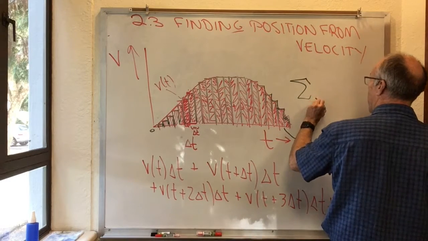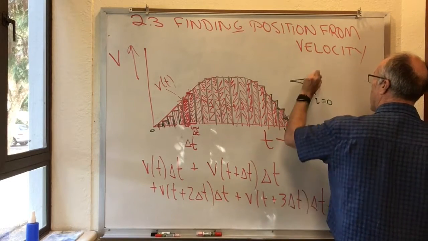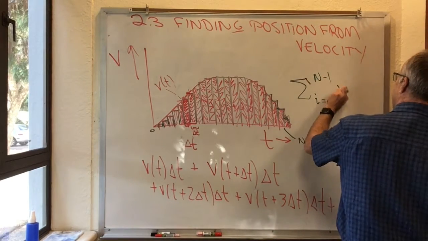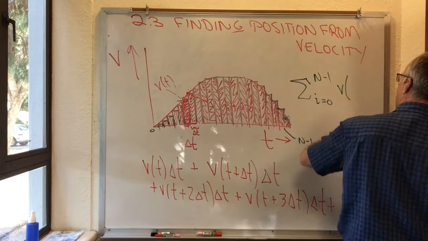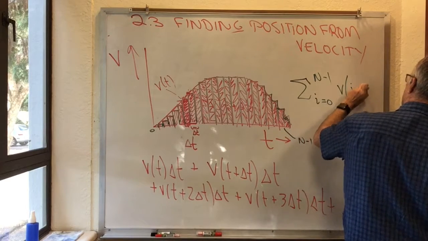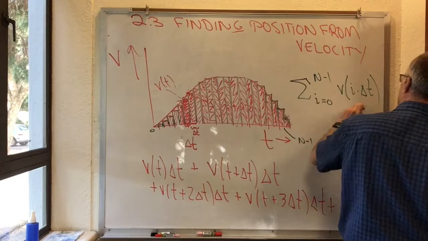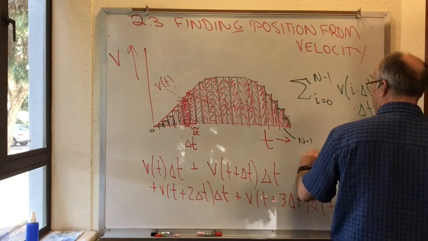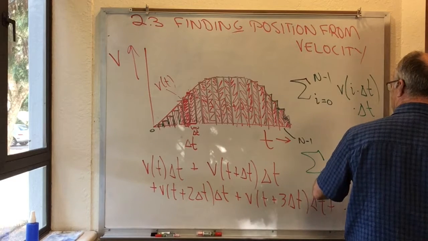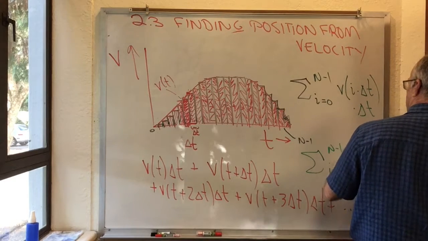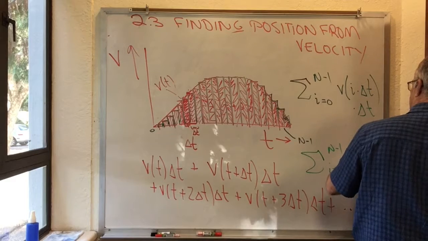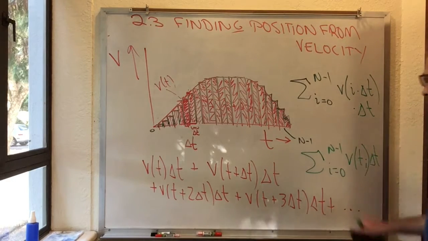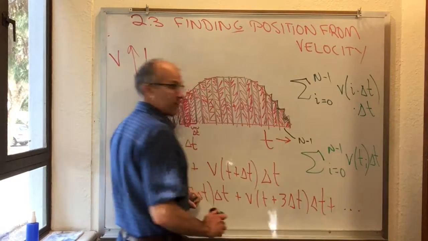It's the sum from i equals 0 to n minus 1 of v at i times delta t times delta t. Or you could write it as the sum i equals 0 to n minus 1 of v at t sub i times delta t. I'm kind of assuming here that all the delta t's have the same width.